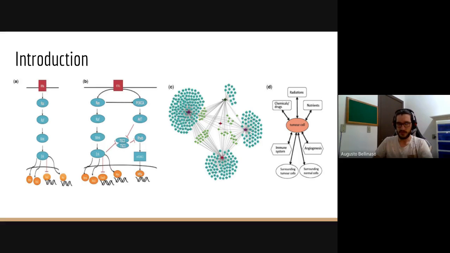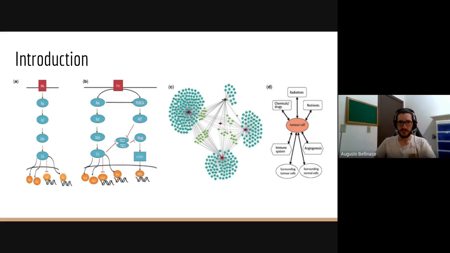So we have a huge number of genes, proteins, and interactions inside the organism, and with this huge amount of data, we need a different approach to better study and understand how all of these elements interact and the functions that they play inside an organism.